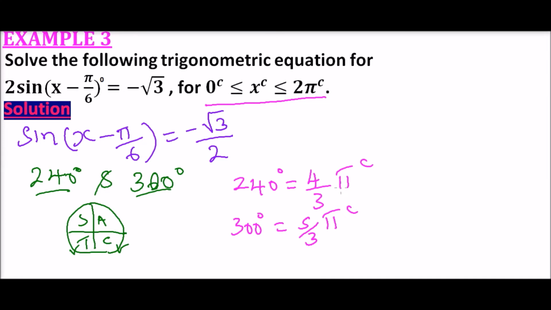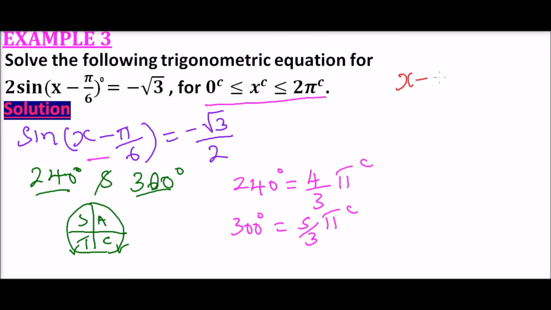So when you convert those 2 angles to radians, we now equate our expression here, that is x minus pi over 6.